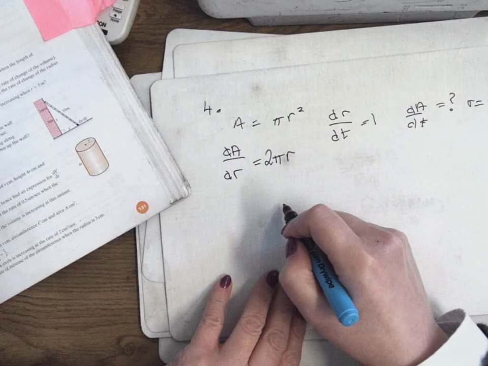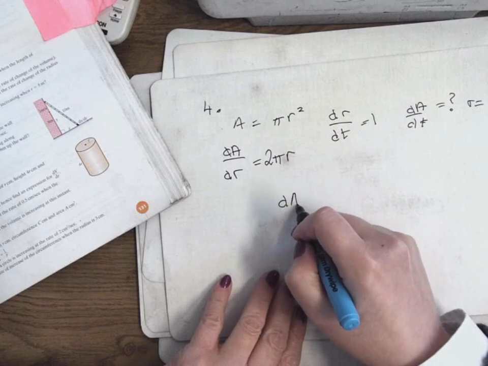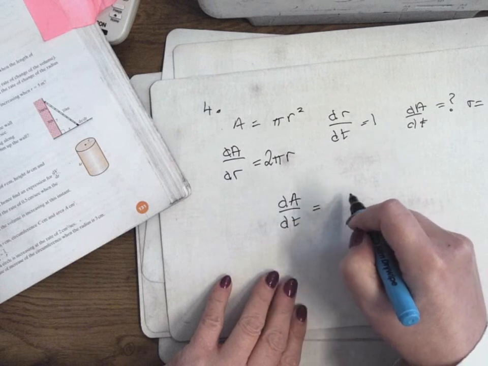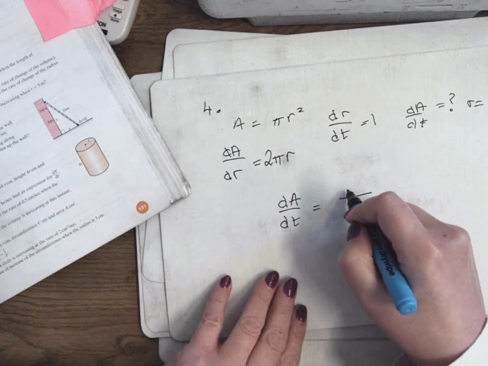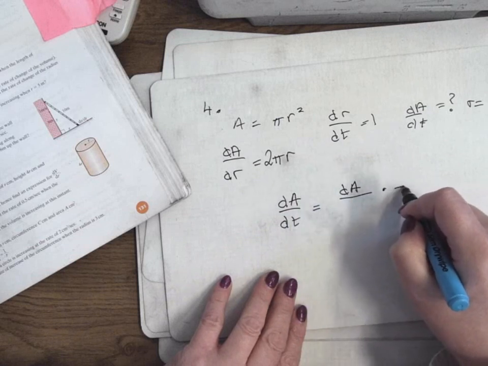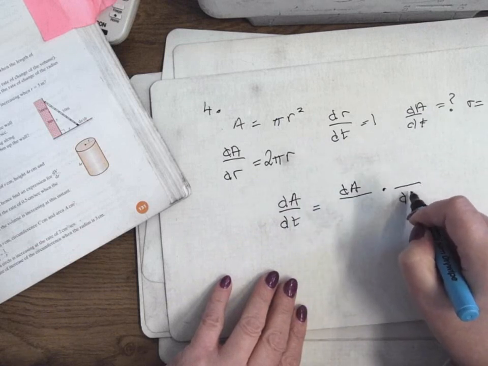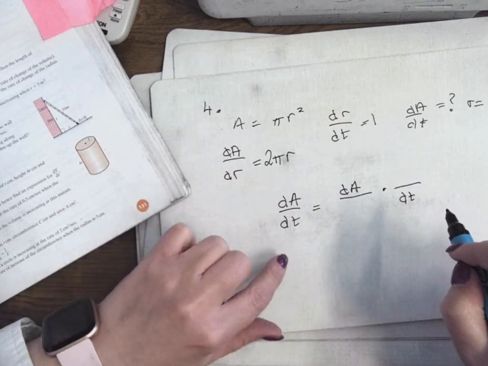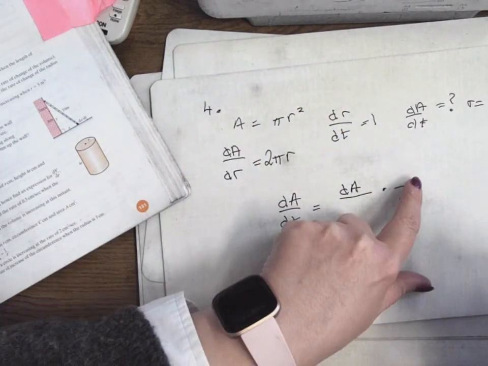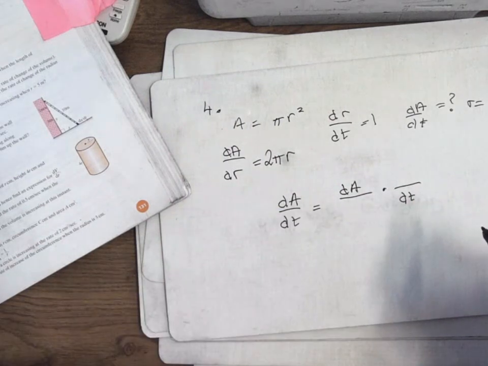Then set up your rate of change. You're looking for dA dt. So you want to split it into 2 fractions. Whatever's on top goes on top of the first fraction. Whatever's on the bottom goes on the bottom of the second fraction. So we have dA dt. Look around the sum and you'll find the missing 2 spots.